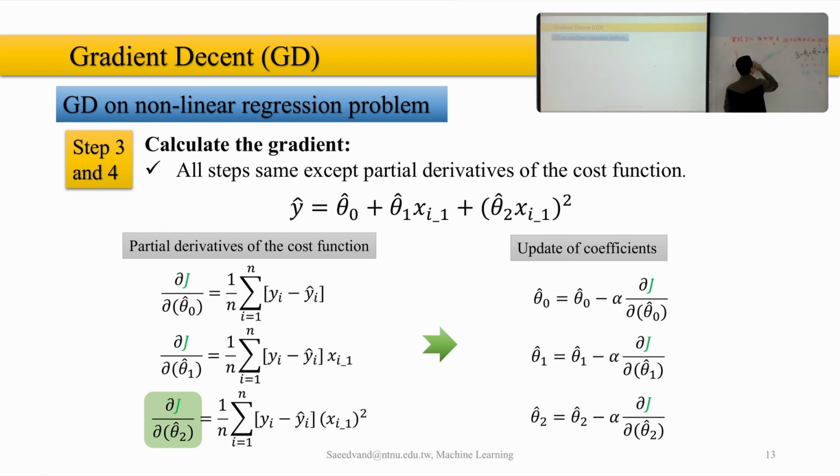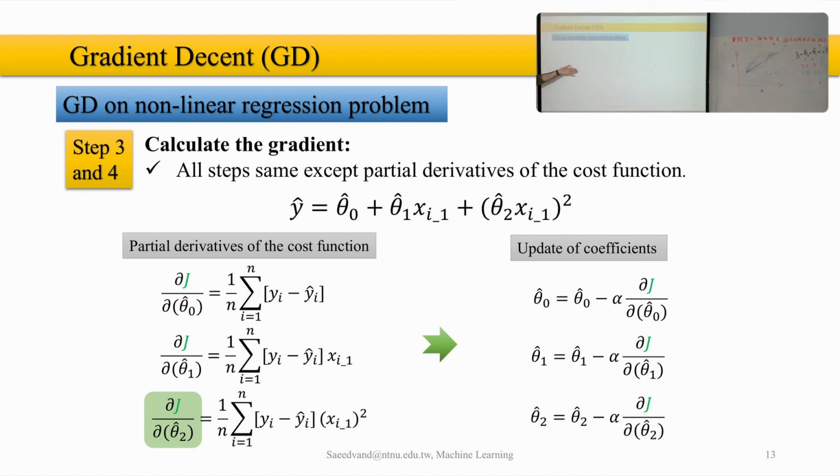If you add more, theta hat 3 times x to the power of 3, and continue that, your model will be more complex, with more curves depending on the degree that you have. The more degree you add, the more flexible the model can be. And I showed you one plot with 11 degrees in previous chapters.